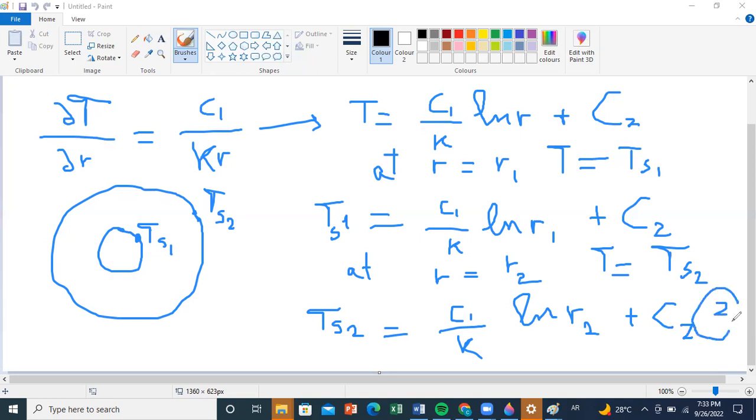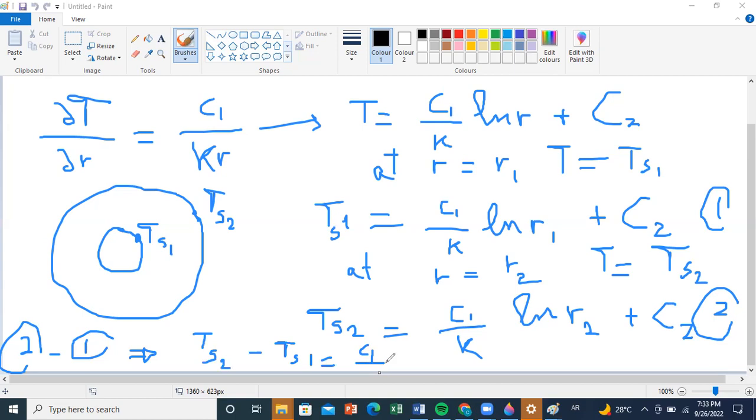because this is equation 2, this is equation 1, okay? If I do equation 2 minus equation 1, I get the following. So 2 minus 1 will give me that TS2 minus TS1 is equal to C1 over K times ln R2 minus ln R1.